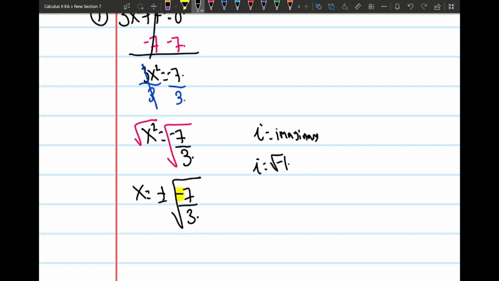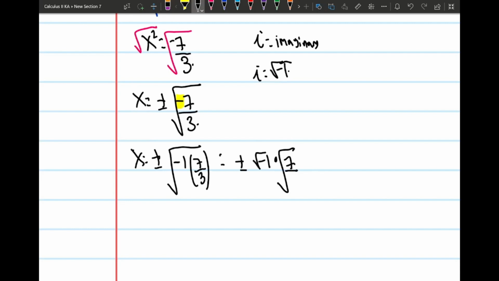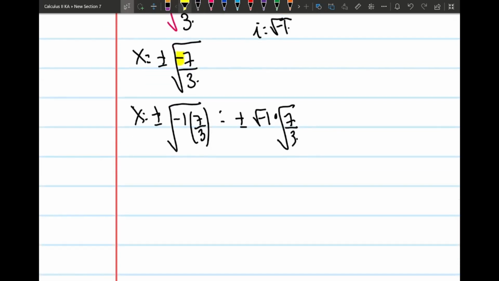We know that i is equal to the square root of -1. So what I can say here is x equals plus or minus the square root of -1 times 7/3. This is going to be equal to plus or minus the square root of -1 times the square root of 7 over 3. And like I said, this is the imaginary number.